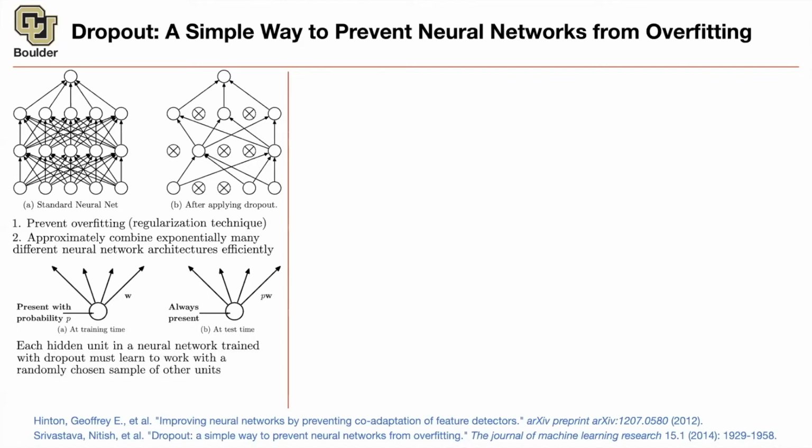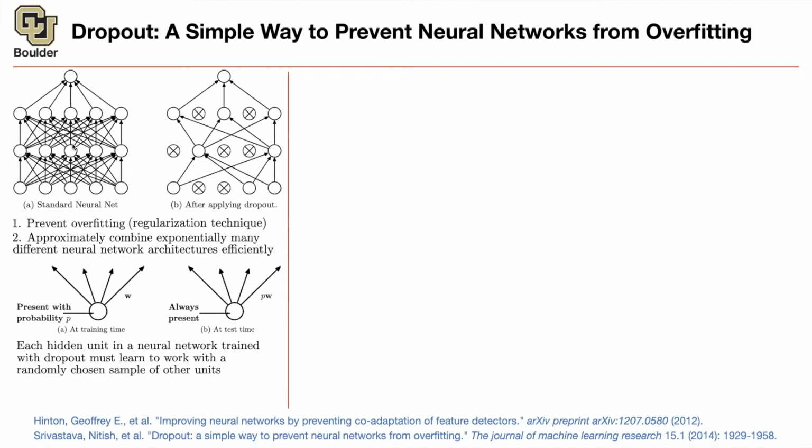And as I said, the idea of dropout is that each hidden unit, basically each one of these guys, has to be able to work independently. It shouldn't rely on the neuron next to it to do its job. Think of it this way.